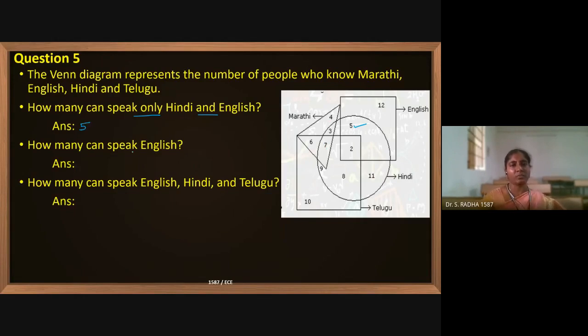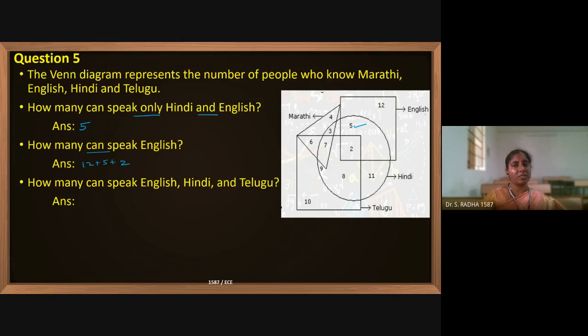How many can speak English? No other condition. Which means they may be knowing Hindi, Marathi, or Telugu, but they should be able to speak English. English is this square. So 12 plus 5 plus 2, whatever numbers are present inside the square of English.